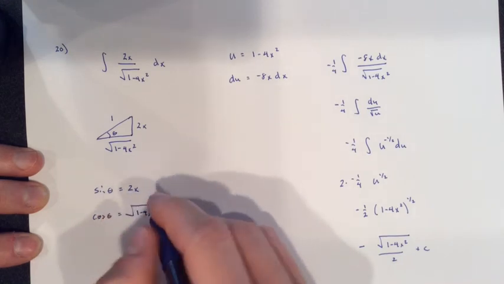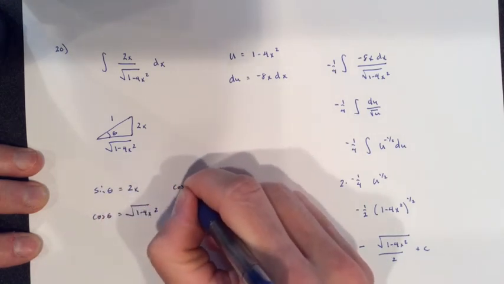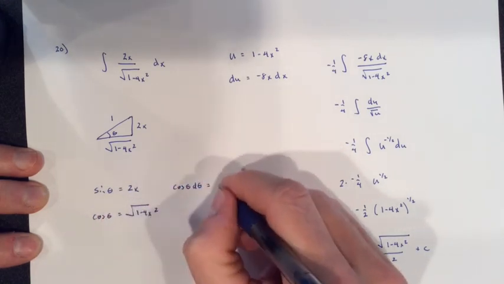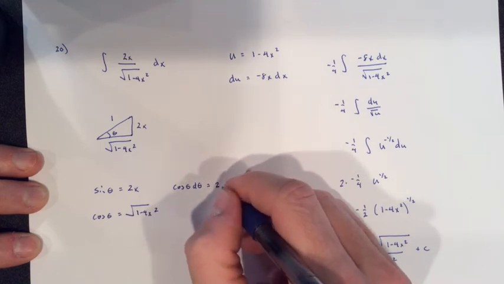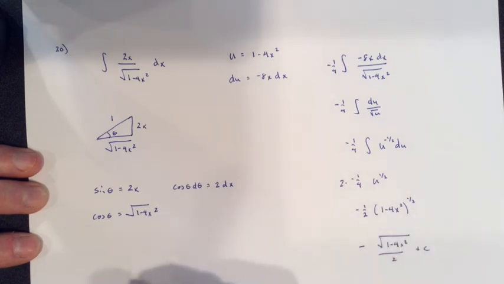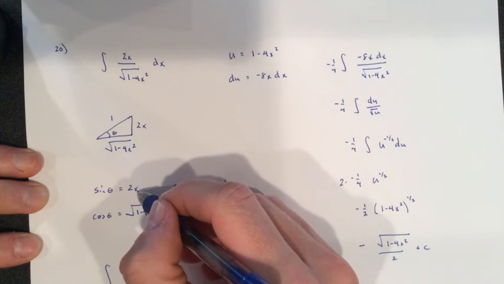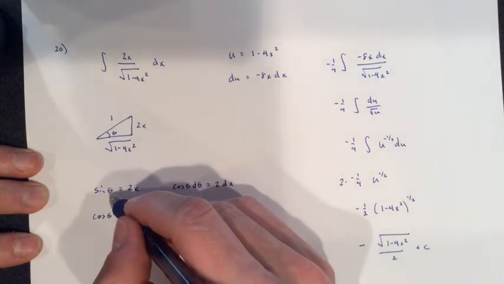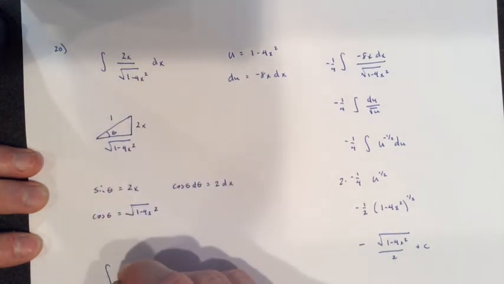If sine theta is equal to 2x, that means that cosine theta d theta is equal to 2 dx. Okay? And so then replacing all of this, see how this is a 2x and this is a 2x, which literally means that sine of theta is equal to 2x. I can just plug that in.